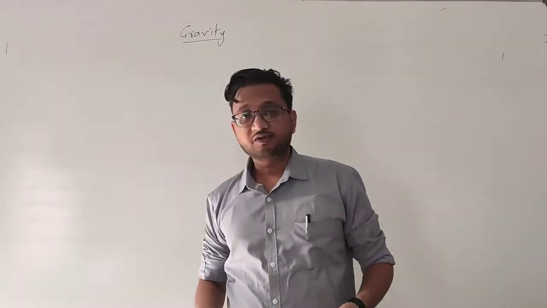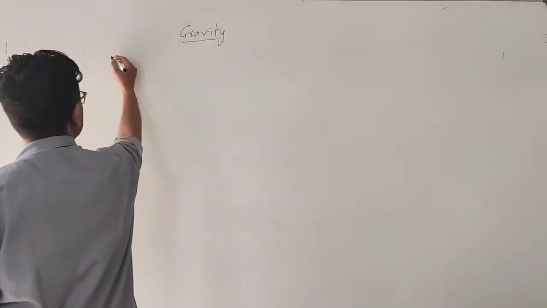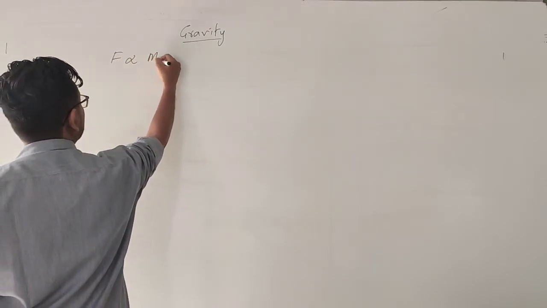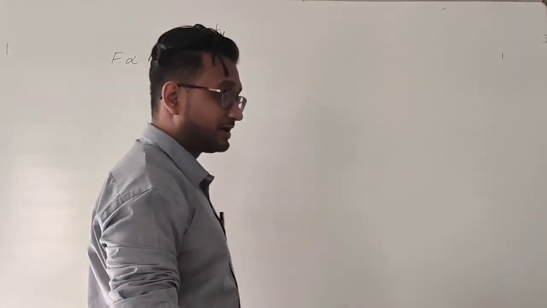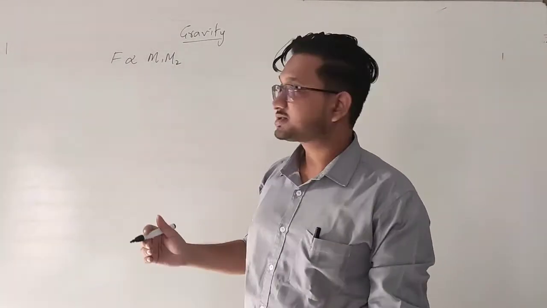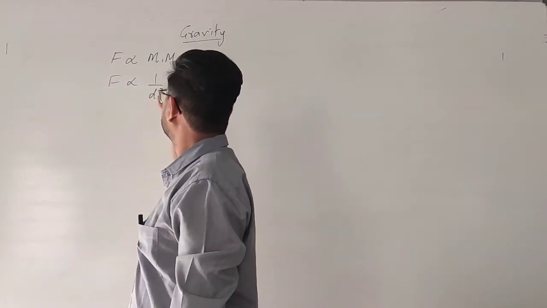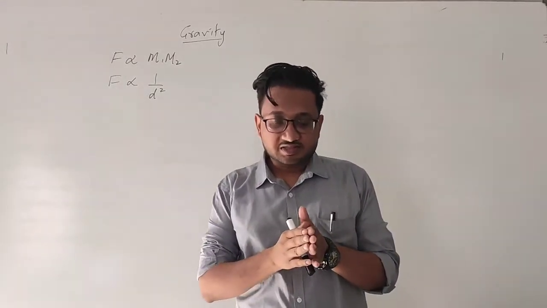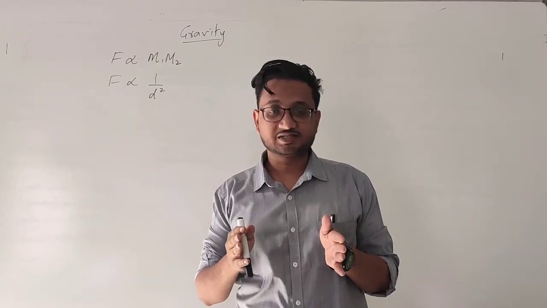Okay. So when you observe this statement, the universal law of gravitation states that the force of gravitation is directly proportional to the product of masses, that is m1 and m2, and inversely proportional to the square of distance between them. This means that if the distance is small, then the force is more.